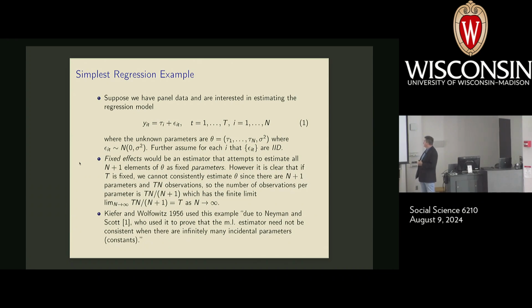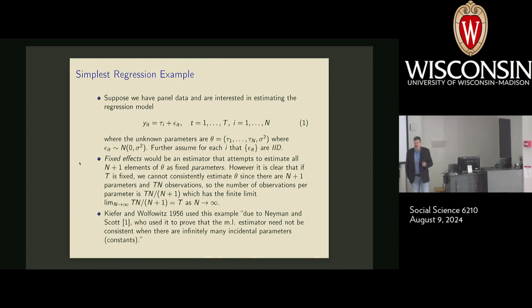We observe T periods and N independent people, and suppose that for each person the shocks are IID over periods. Now, is it obvious that you can't consistently estimate the fixed effects here, unless T is really, really big?